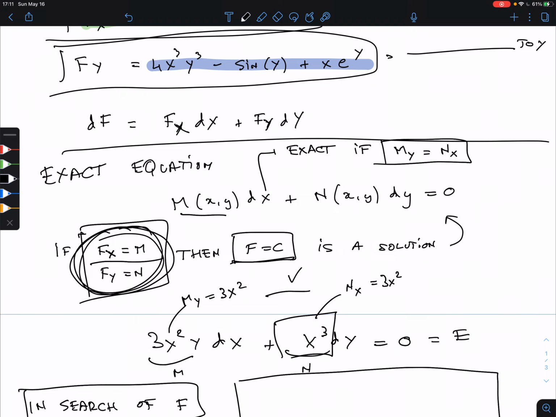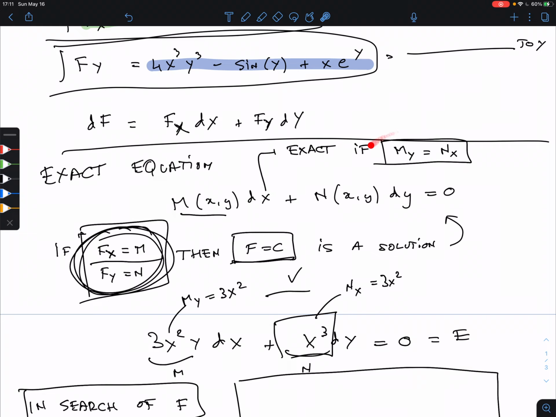Now, for those that are curious, the textbook explains much more than that, so you can read it yourself if you want more. But I just want to say where this condition comes from. Remember, we are looking for a function f, so that the partial with respect to x is M, and the partial with respect to y is N. What does this then say?